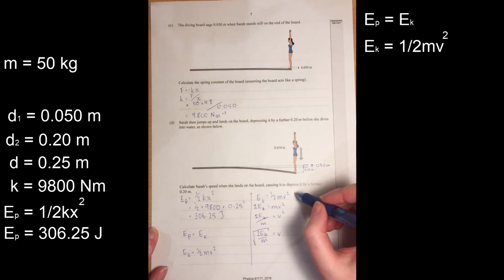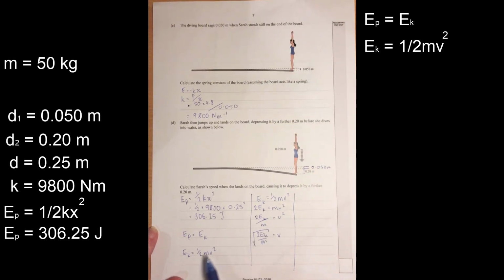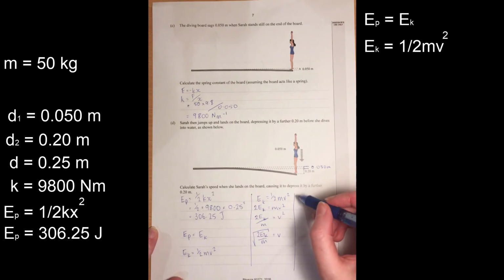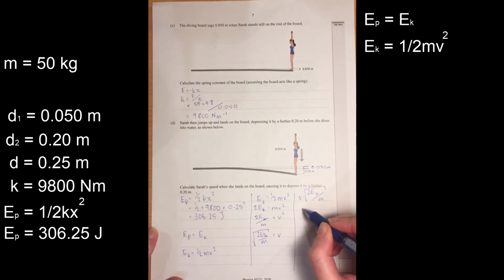Okay, so all we now need to do is plug in our numbers. We have Sarah's mass from previously. We've worked out the energy that we're going to use, so we could write EK as EP and it would be the same situation. All right, so V equals 2EK divided by m and then square root that.